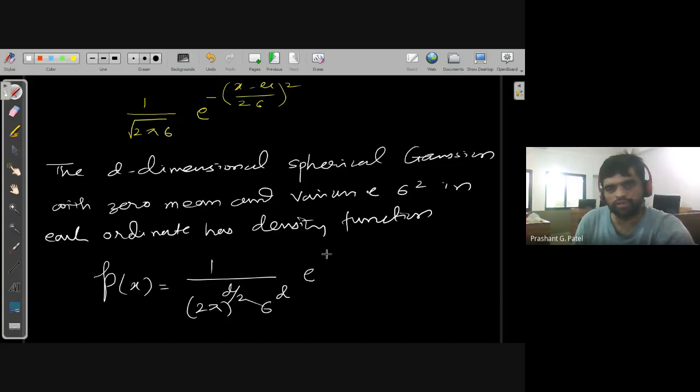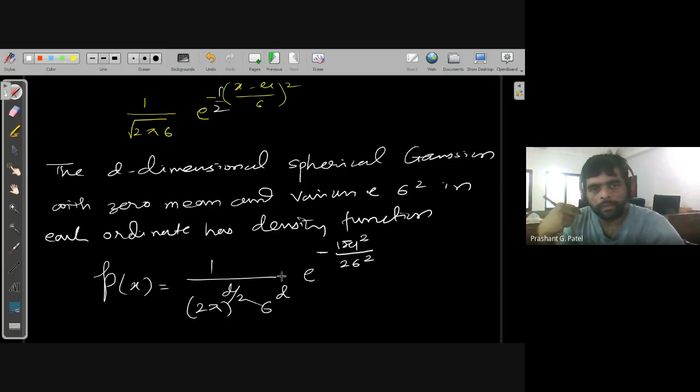So it is exponential power minus mod of x bar square upon 2 sigma square. Okay, so this 1 by 2 is outside, not inside. So this is the density function for a normal distribution or a Gaussian distribution.